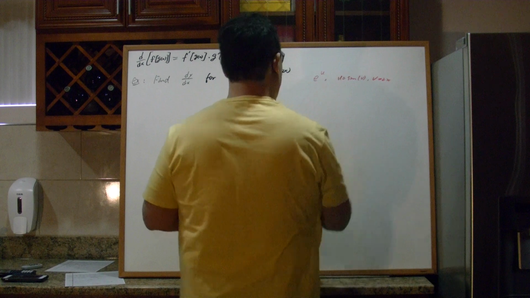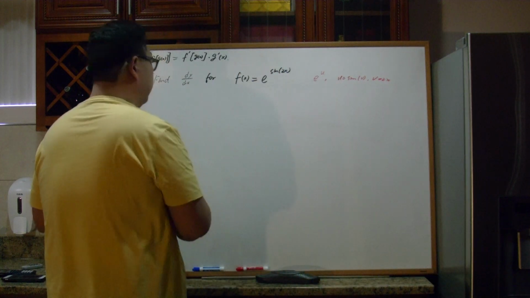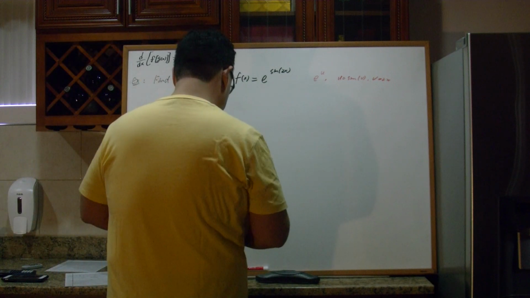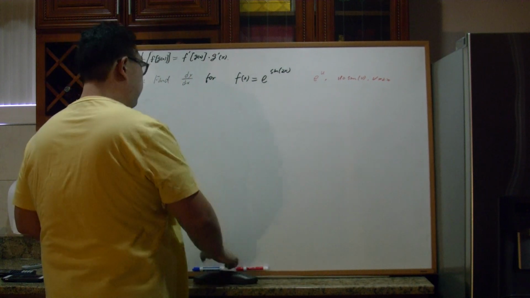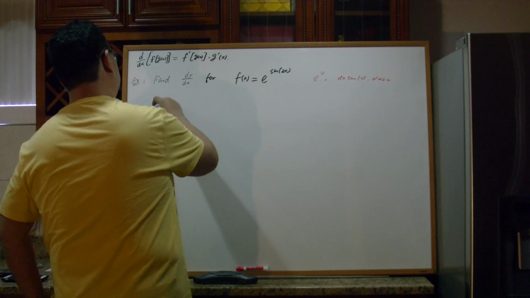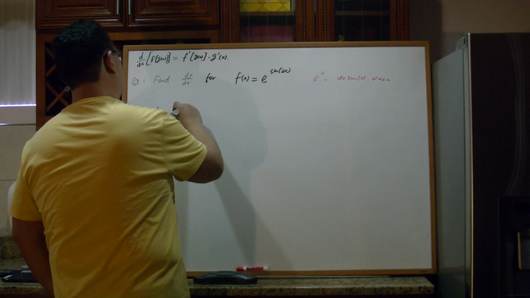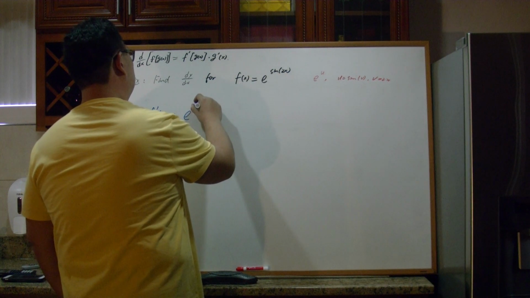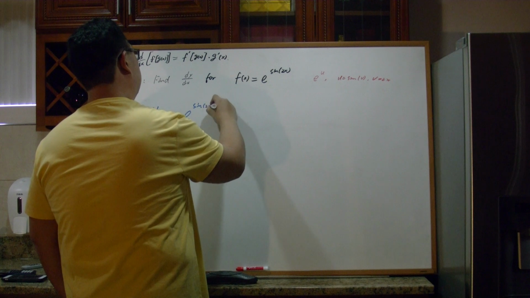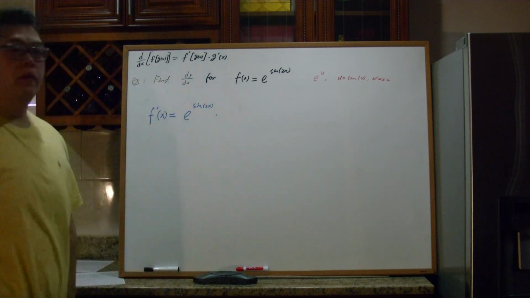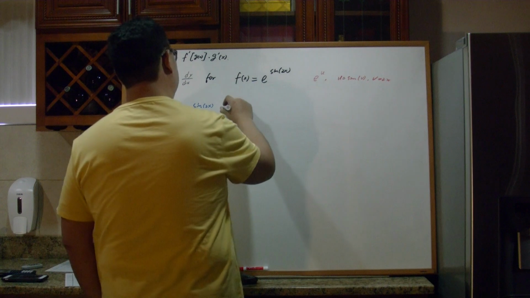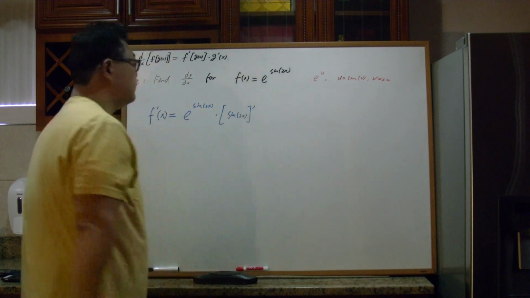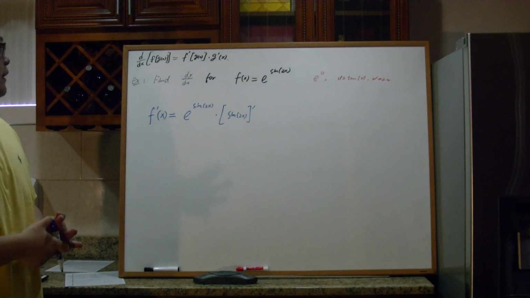Right, step by step, that is what we have. Right, so find the derivative of f of x. Use the chain rule. It's also a step-by-step differentiation. First of all, the derivative of e to the something is the same e to the sine of 2x. But we need to multiply the derivative of sine of 2x. Right, that's our first step.